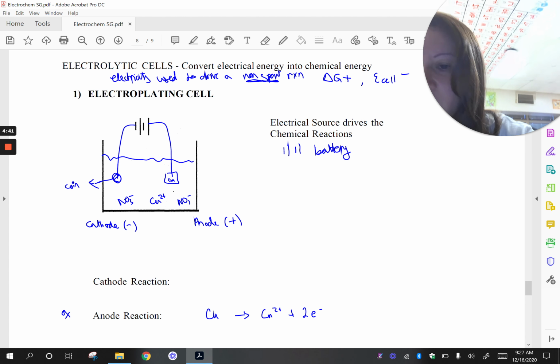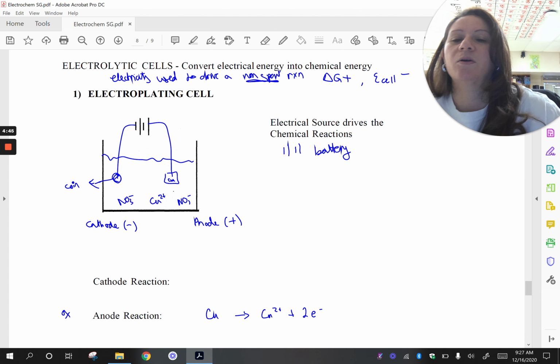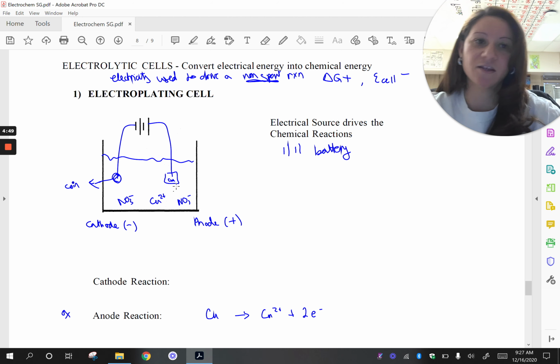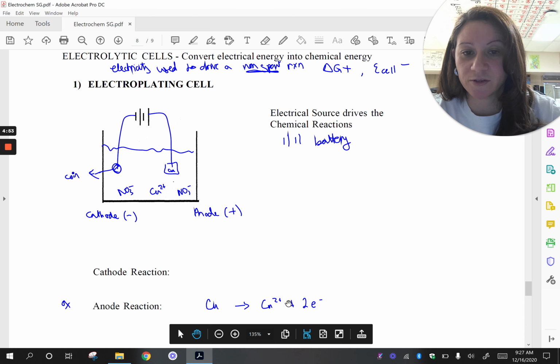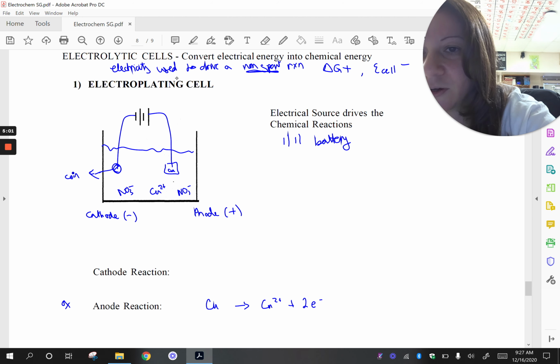So at the anode, my piece of copper is oxidizing, which means it's going to lose electrons and turn into copper 2+. The copper 2+ is going to go into the solution, and your electrons are going to go through the wire. So the electrons are going to flow this way.